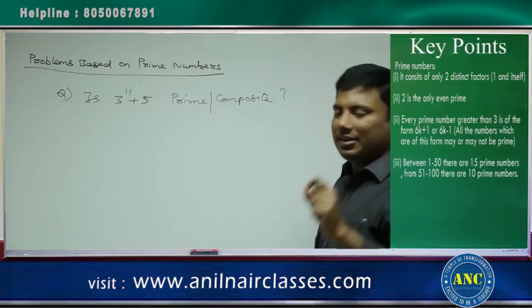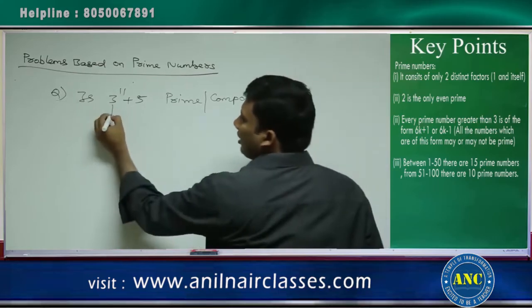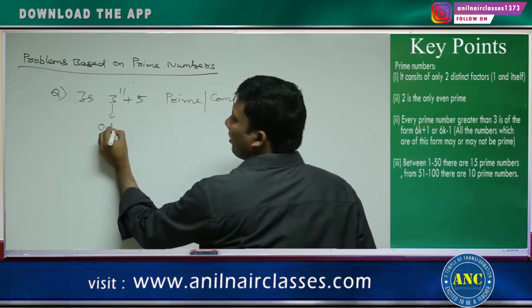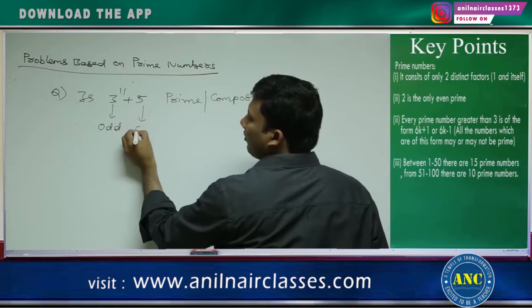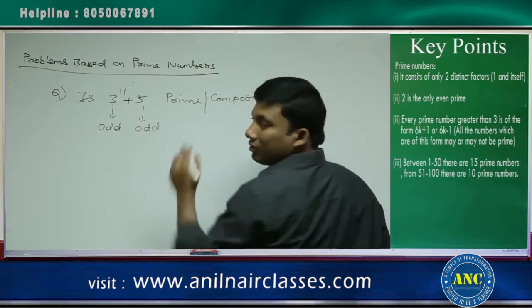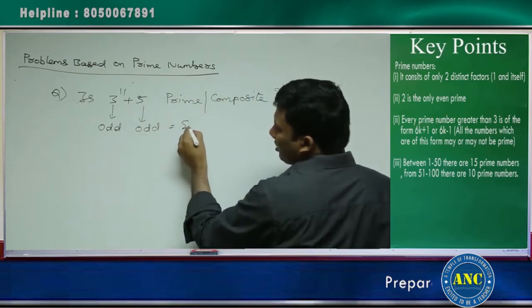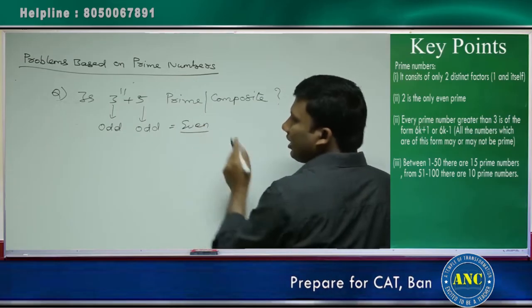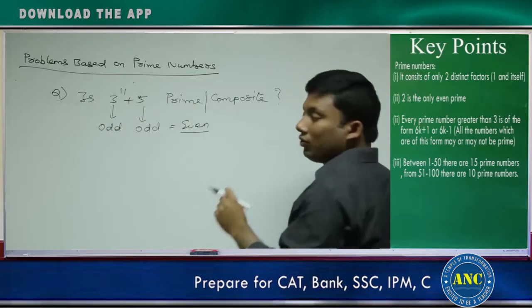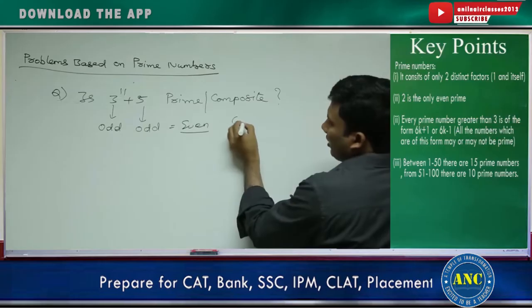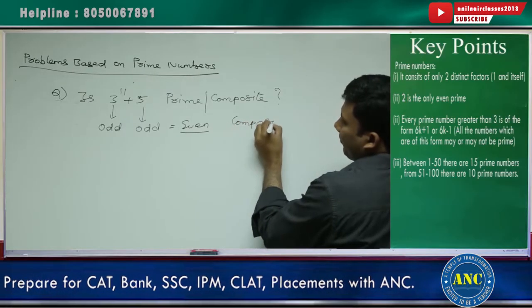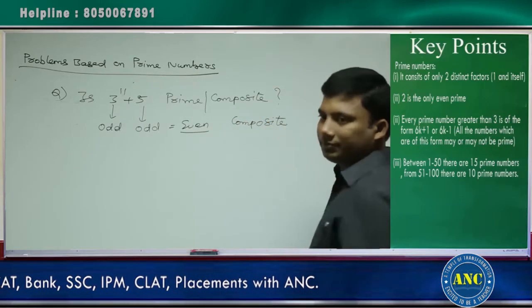Listen carefully here. 3 is an odd number. Odd number power any number is odd. 5 is an odd number. Odd plus odd is an even number. Is there any prime number other than 2 which is even? No. So what will be the answer? Composite.